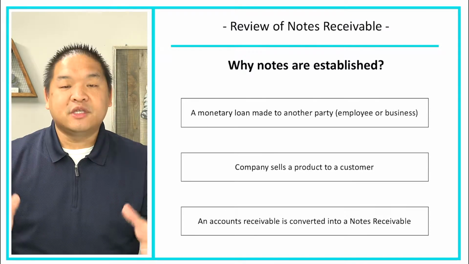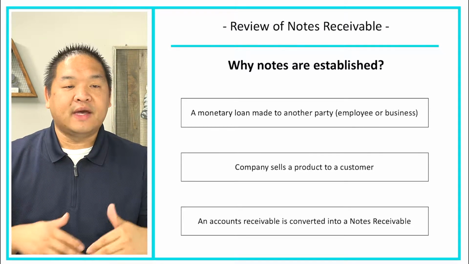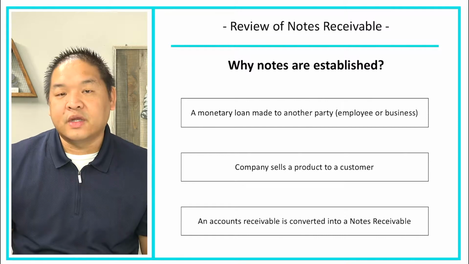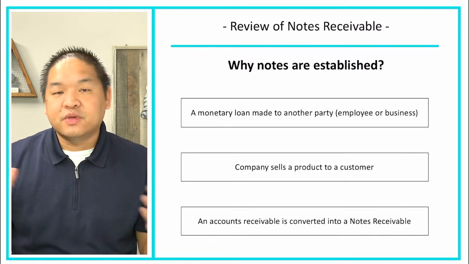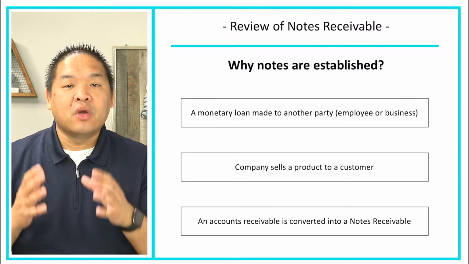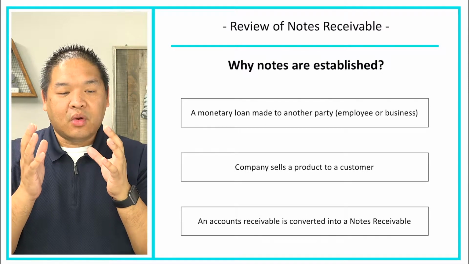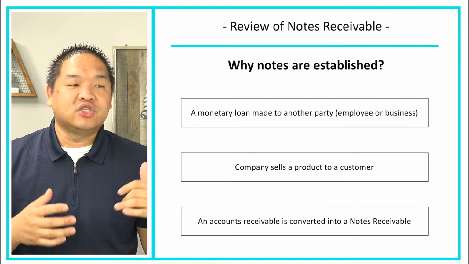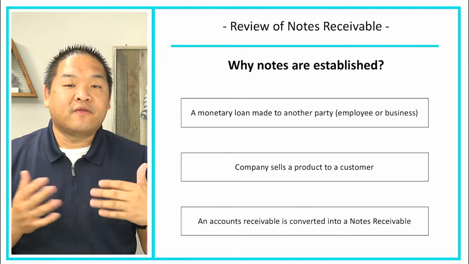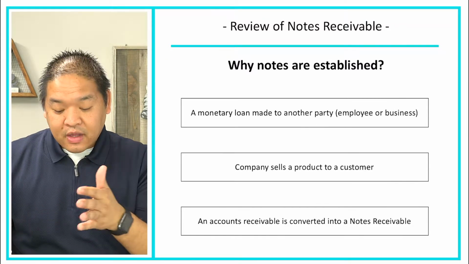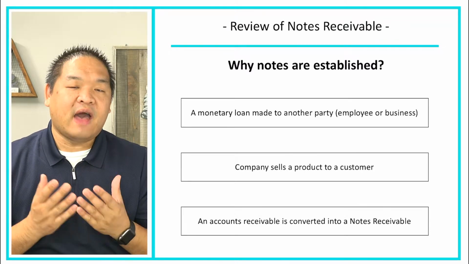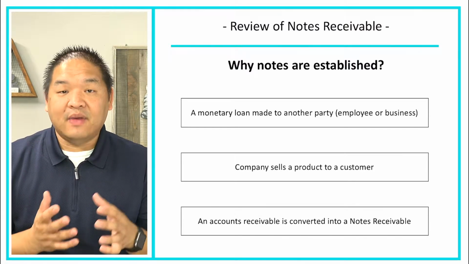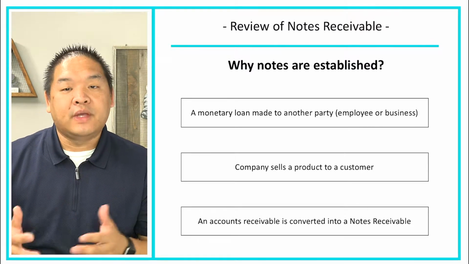We're going to draw up this paperwork that says that you're going to repay us $100 a month for 3 years with a 2% interest rate or whatever it might be. So we're actually making it more concrete as far as the loan terms than just an informal accounts receivable. This type happens with those customers that haven't paid us on time and have been having issues paying us. We convert it to a notes receivable.